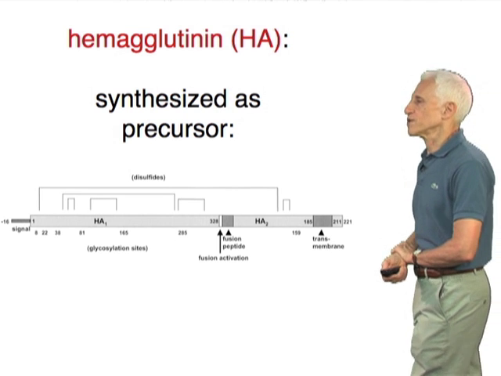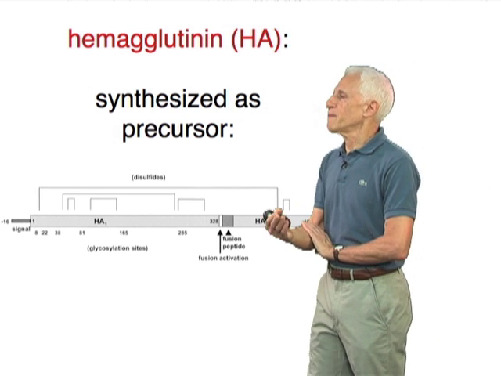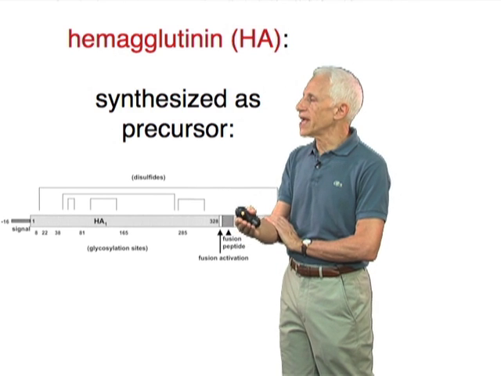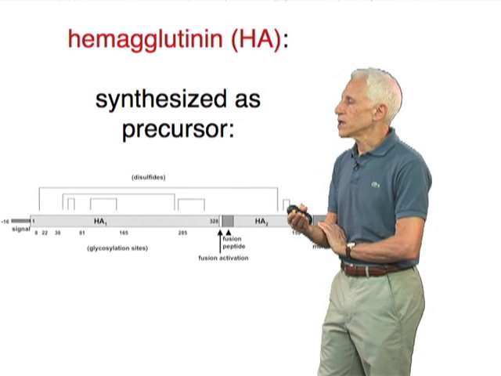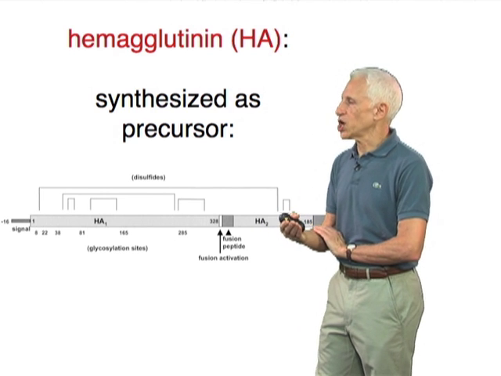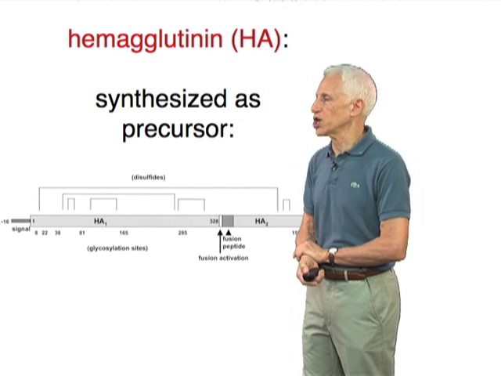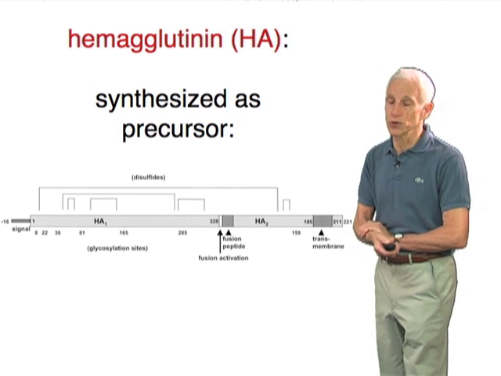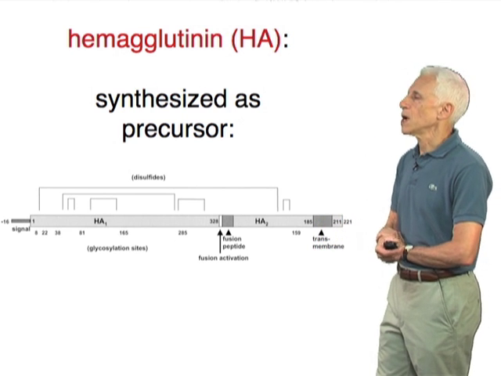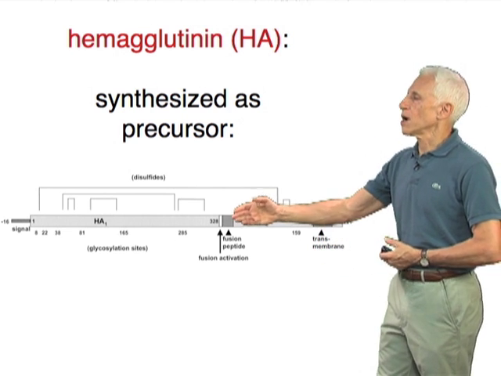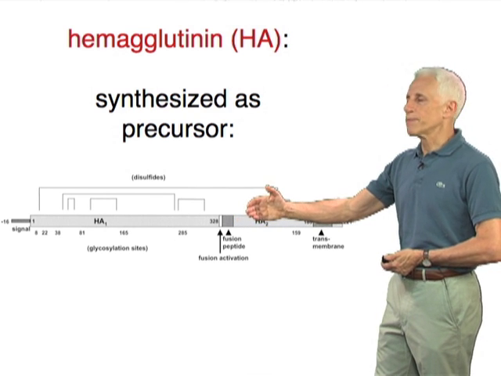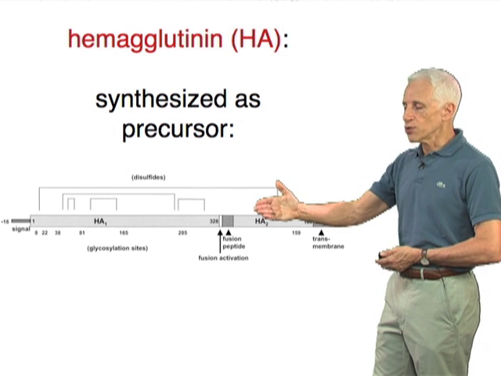This diagram is overly complicated, but all that matters for today is that the precursor is called HA0, and the two fragments are known as HA1, hemagglutinin 1, and HA2. At the N-terminus of HA2 is a hydrophobic peptide, exposed if you wish.